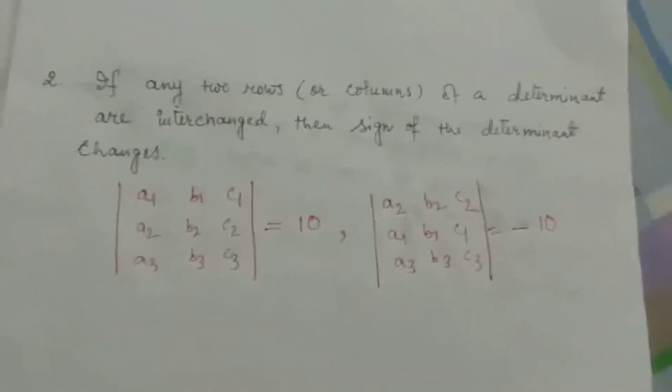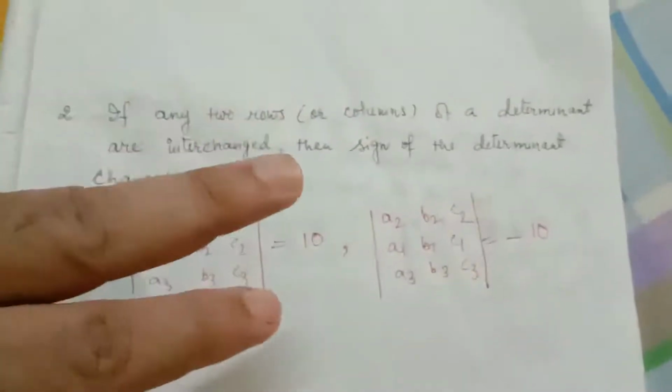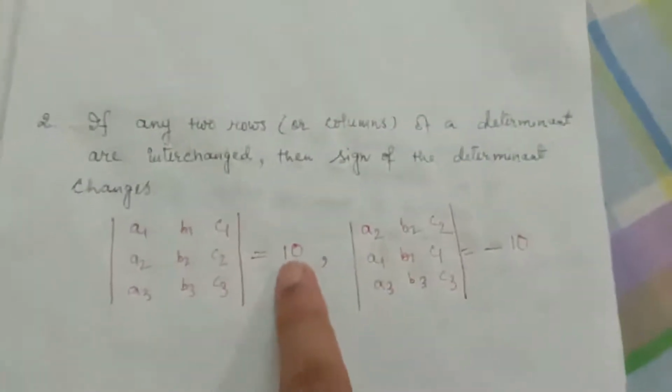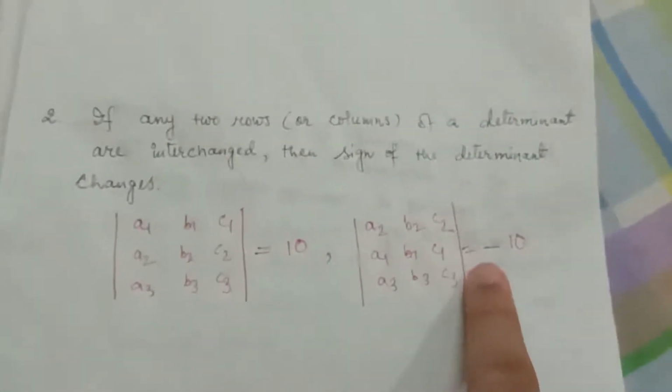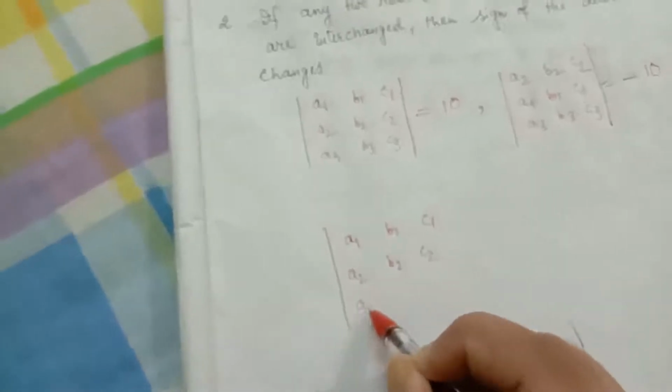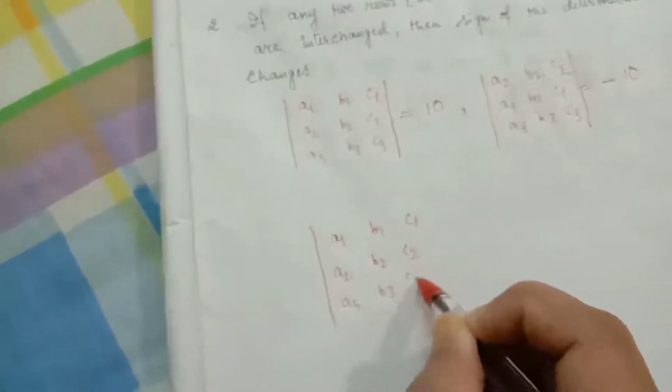So if we interchange any two rows or any two columns of a determinant, its value will remain the same, but the sign of the determinant will change. Now suppose this is a determinant a1, b1, c1, a2, b2, c2, a3, b3, c3.